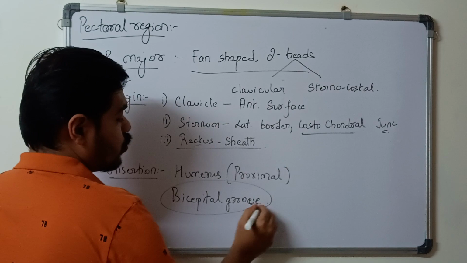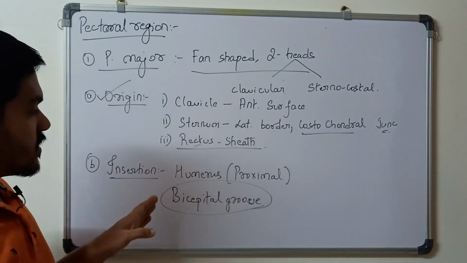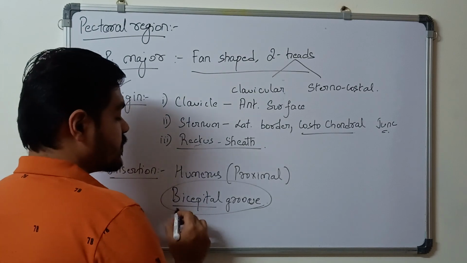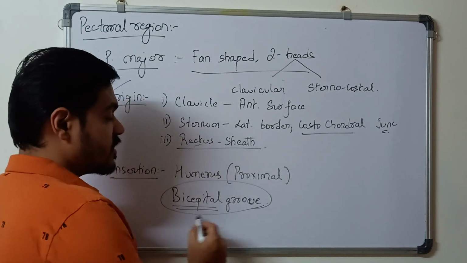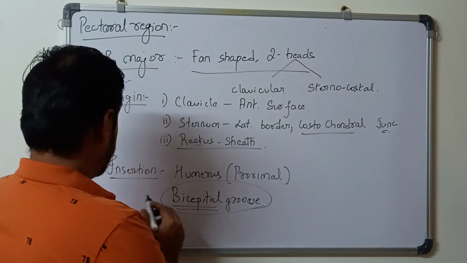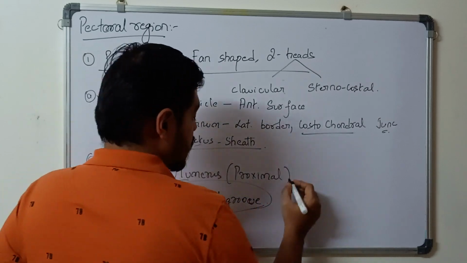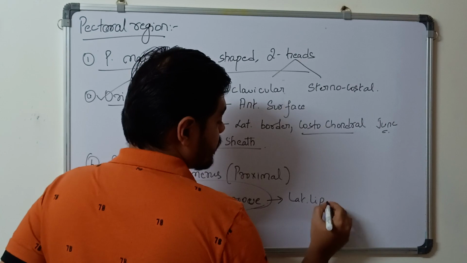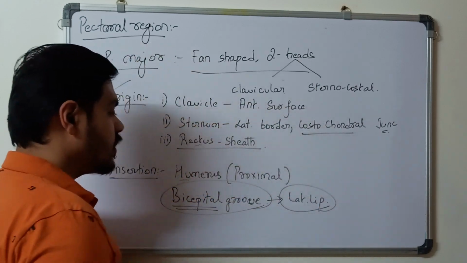The bicipital groove is a sulcus which houses the tendon of biceps, hence it is called the bicipital groove. So the insertion is in the lateral lip of the bicipital groove.